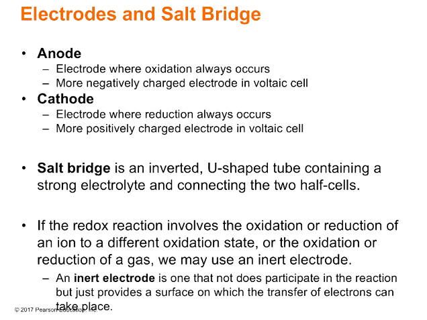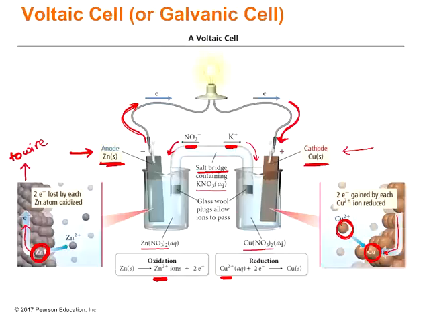All right, so you might have also noticed there were a couple of labels in our figure, anode and cathode. So the anode is the electrode where oxidation always occurs. And this will be the more negatively charged electrode in a voltaic cell. So if we go back to our picture, you'll notice that zinc was labeled as the anode, and it is negatively charged.